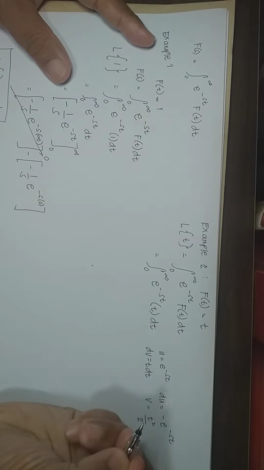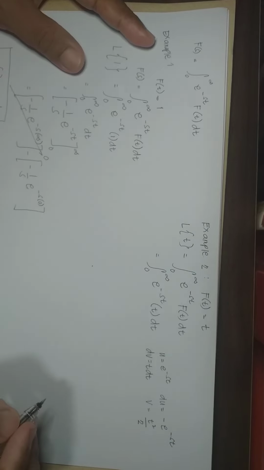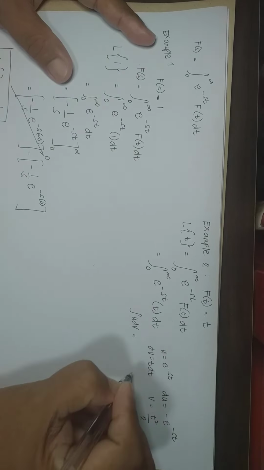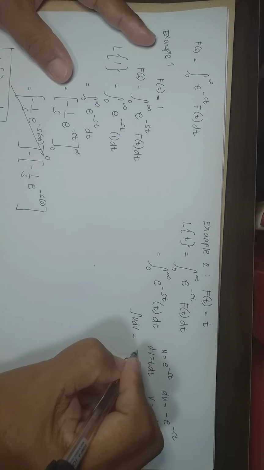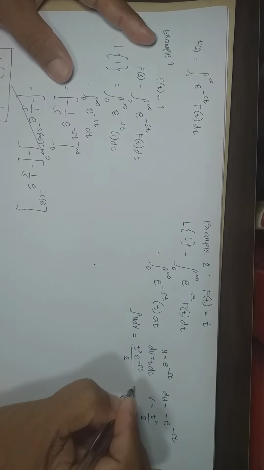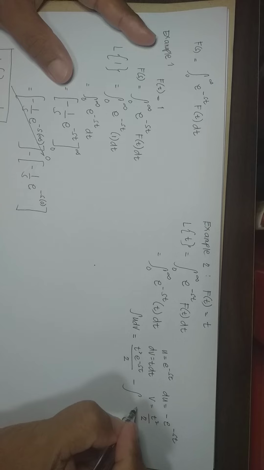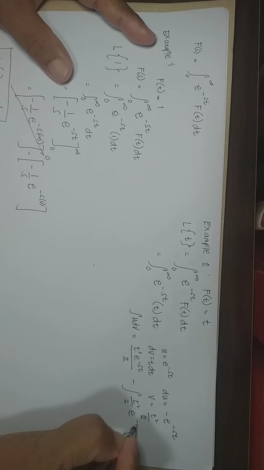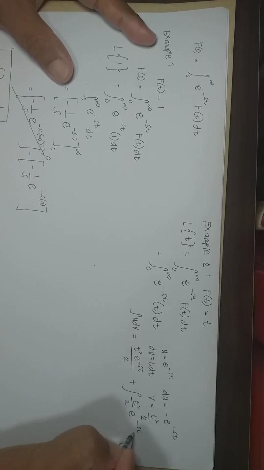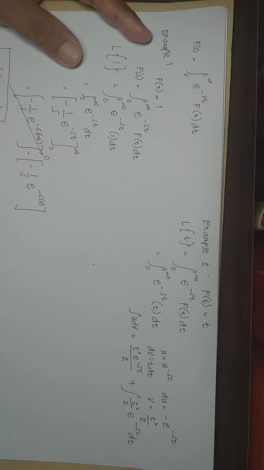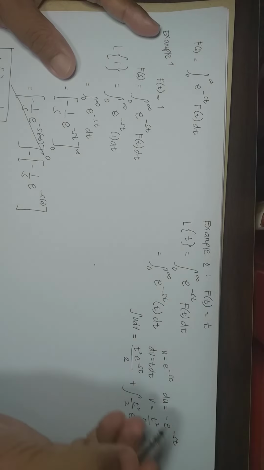The integral of u dv is equal to uv, t squared e to the negative st over 2, minus the integral of v du, that is t squared over 2 e to the negative st, which becomes positive, dt. Okay? So this becomes repetitive, so we might as well change the value of u and dv.